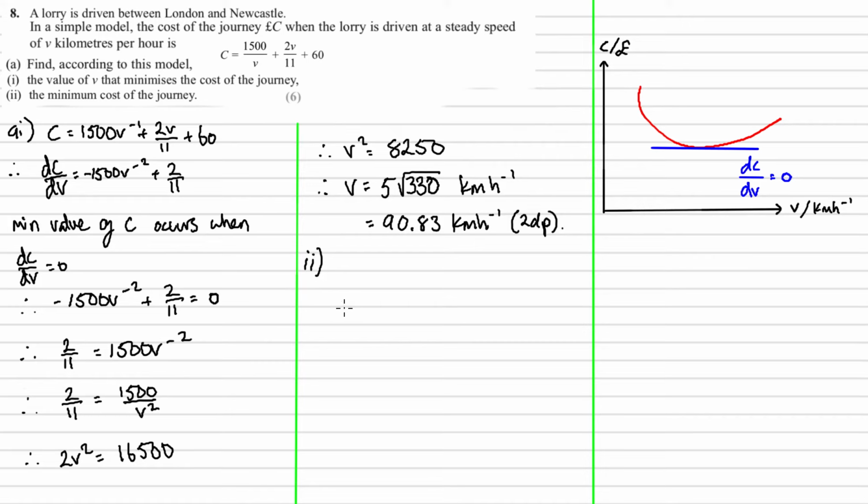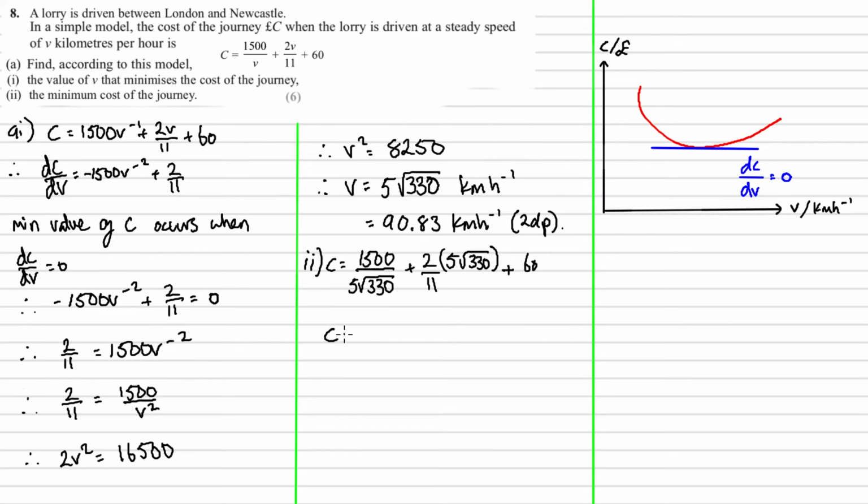So for part 2, we're asked to find the minimum cost of the journey. The cost of the journey is given here. We know the minimum value of v, so we're simply going to substitute this value into our equation. So c is equal to 1,500 over v, which we know as an exact value is 5 root 330, plus 2v, 2 times 5 root 330 again, over 11, plus 60.